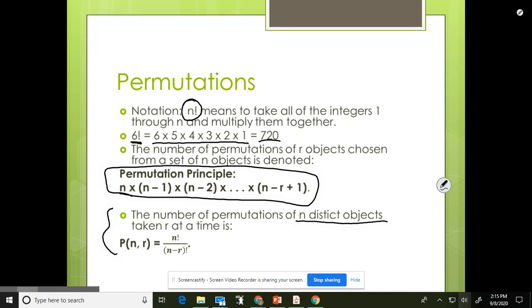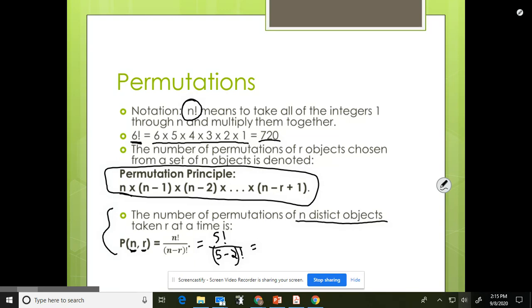The notation is P(n, r): we have n we're choosing from, and we're arranging r of them. We have n factorial over n minus r factorial. In that first example, we had 5 people, so 5 factorial over (5 minus 2) factorial, since we're selecting 2 of them.